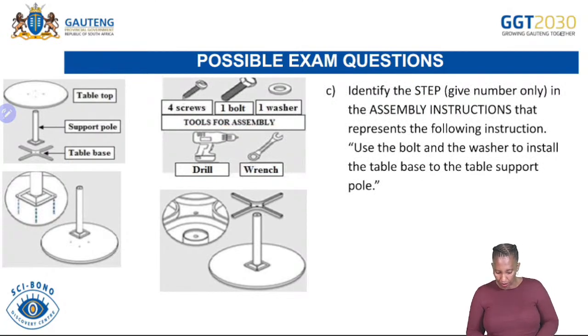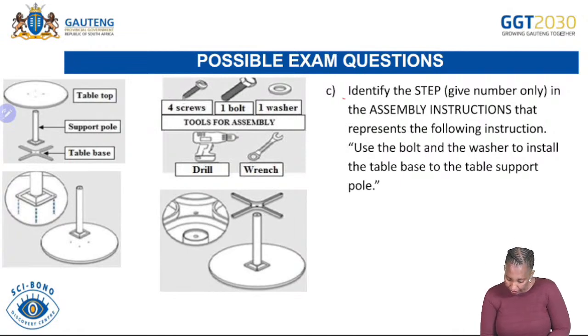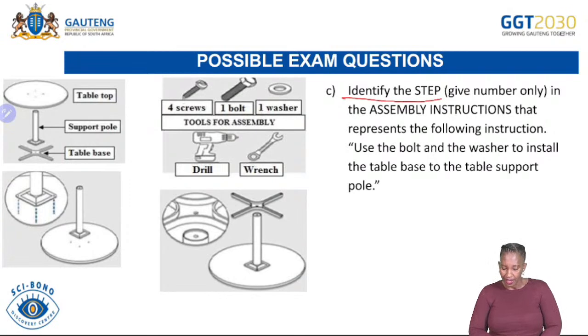Let's continue now. The next question says identify the step. Give number only. In the assembly structure, instruction that represents the following instruction. Use the bolt and the washer to install the table base to the support pole.